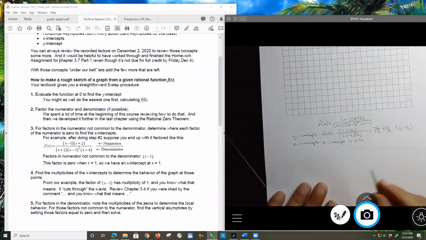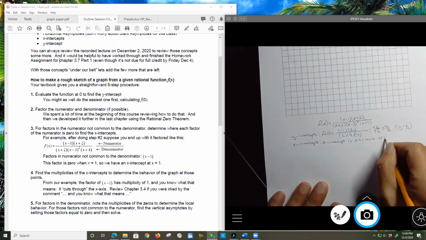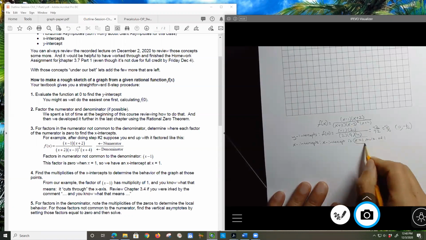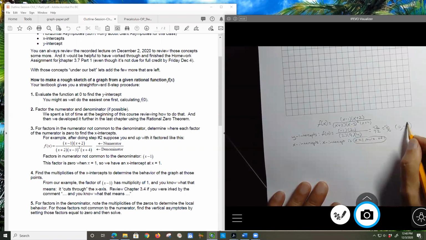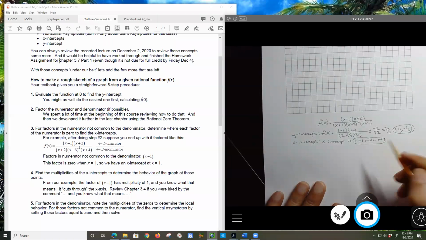And so right here, and I should make a note here. And what's the multiplicity of this? Multiplicity of 1. I'll circle that. And I'll circle my clues so they're easy for me to find. Okay. So I got my x-intercept.